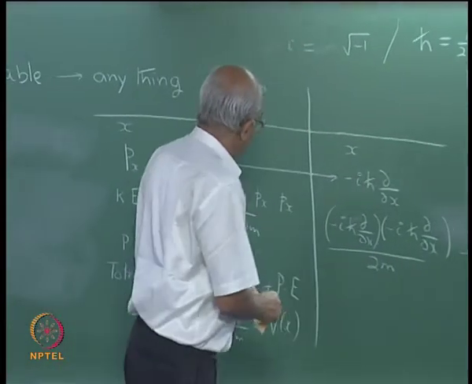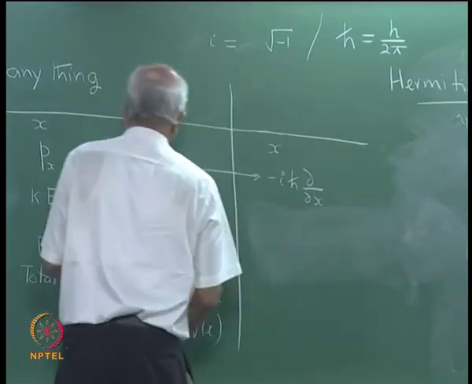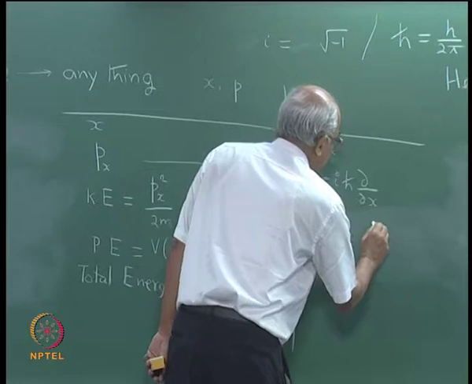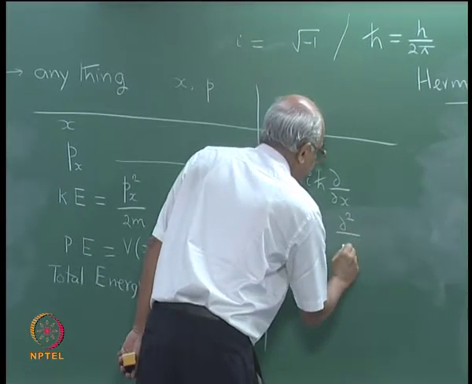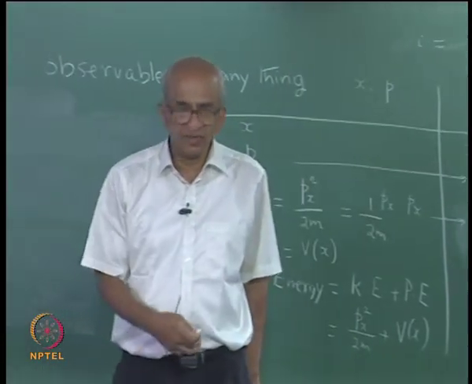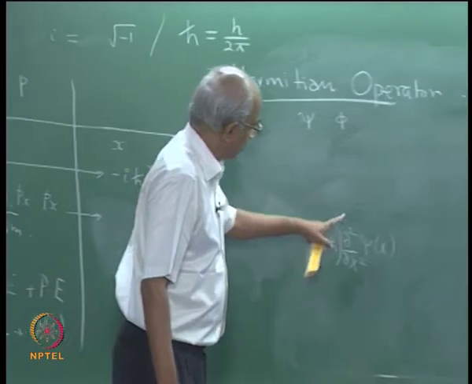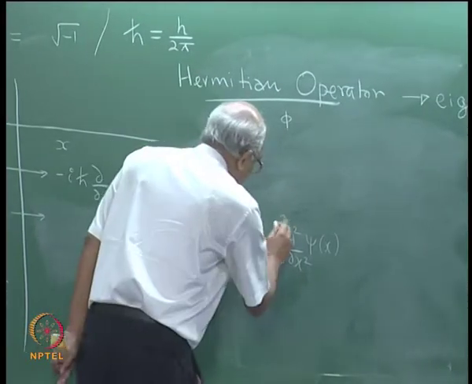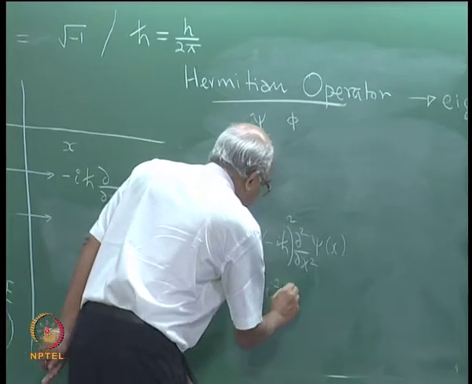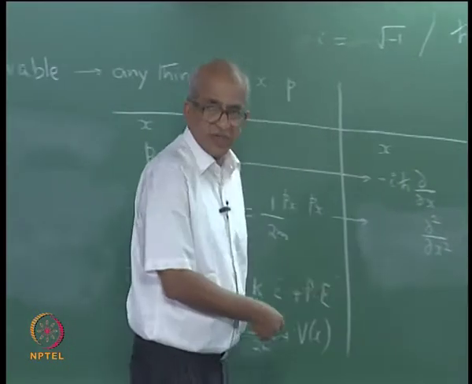This turns out to be equivalent to taking the second derivative of any function that you have and then multiplying that by minus i h cross the whole square. When you take minus i h cross squared, it is equal to i square h cross square, and i square is minus 1.